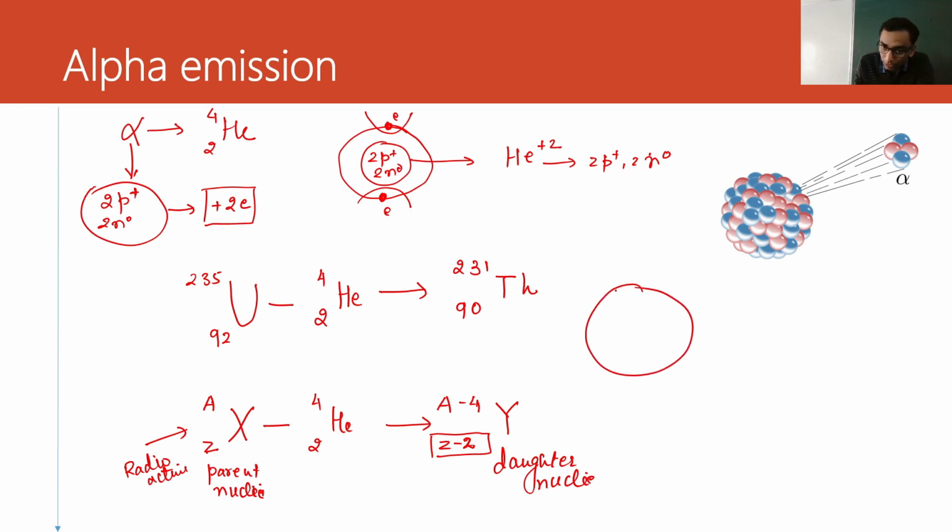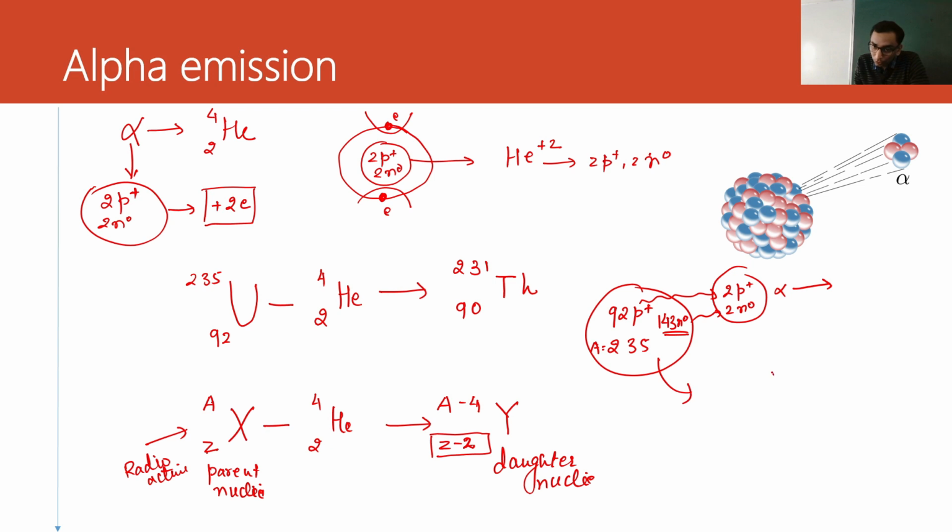So suppose this is a uranium nuclei which was having 92 protons, and 235 is the mass number, that is, I am writing A, and 143 neutrons. So out of these 92 protons, 2 protons are now gone. And out of these 143 neutrons, 2 neutrons are gone, which means this nuclei has emitted an alpha particle like this.